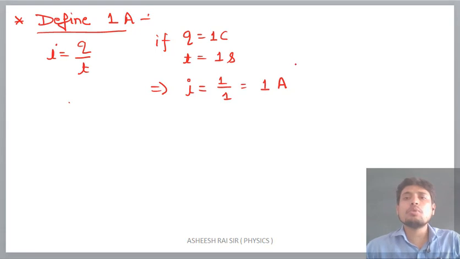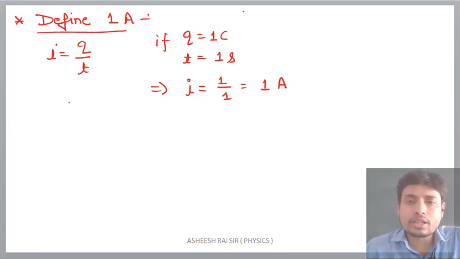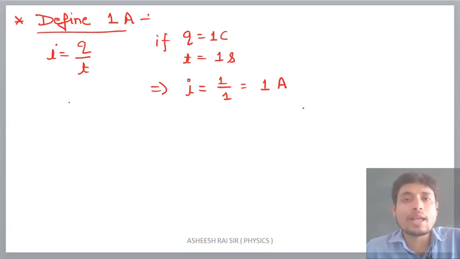Then we can say the amount of the current in the conductor is 1 ampere.